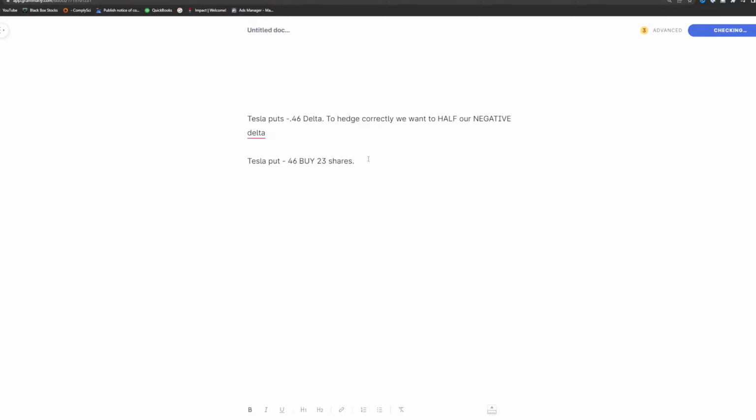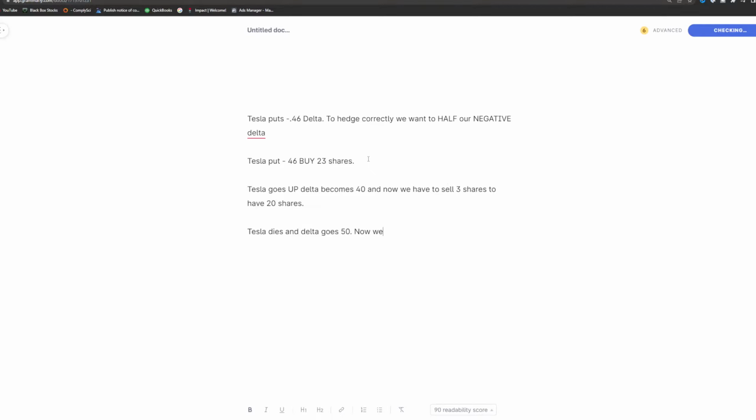And then let's say Tesla goes up because we have a bearish position. If Tesla goes up, the delta becomes 40. And now we have to sell 3 shares to have 20 shares, which is going to be half. But then let's say Tesla dies, because we're against it, and the delta goes down, or goes up to a 50 delta.